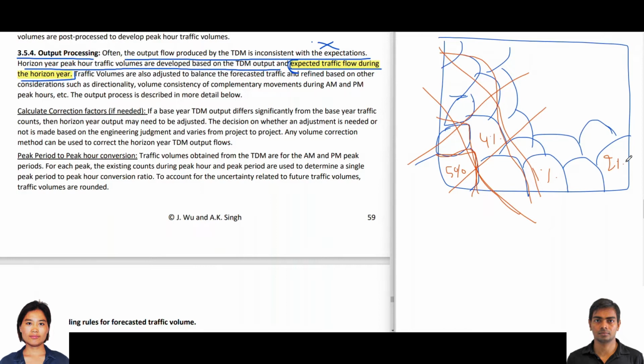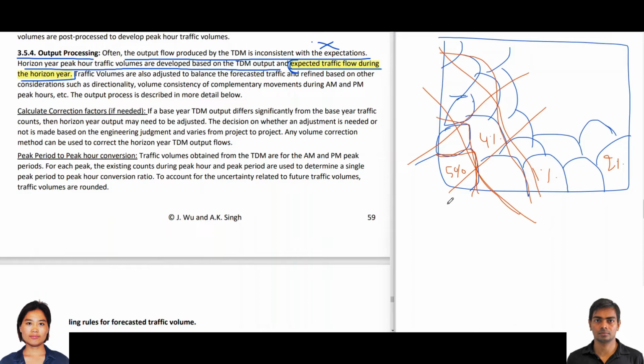Just looking at the overall travel pattern based on the population growth and employment growth in the area, and running several select link analyses, we can understand the travel pattern in the existing network, and we can understand the growth that we are expecting. So using select link analysis or using OD tables, I try to understand where the volumes are coming from, where they are going, and where the growth is happening.